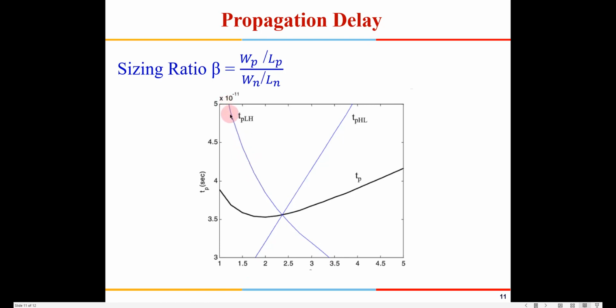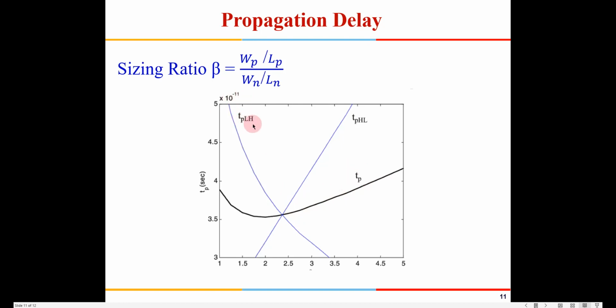But at the same time the fall time will increase, because N has become much weaker. So to get an optimum propagation delay, generally a beta close to 2.5 is the value we should target in our design, so that we get the best propagation delay.